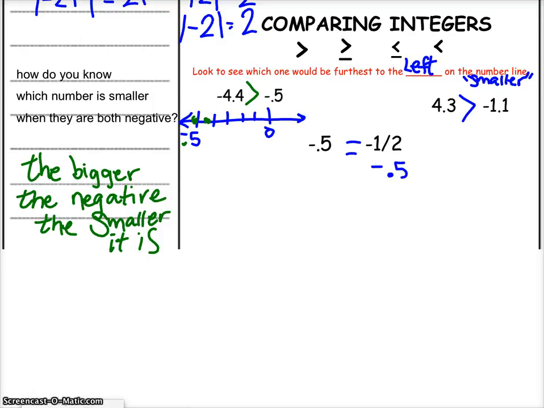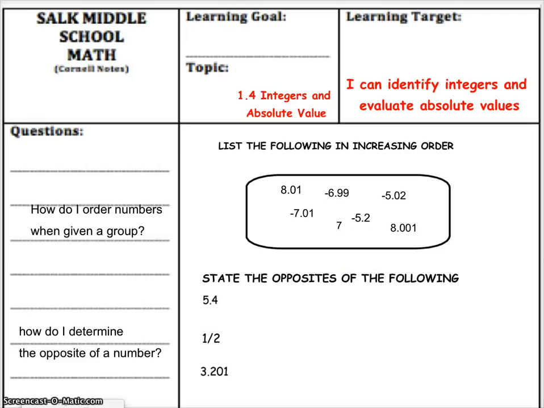Now remember, the bigger the negative, the smaller it is. So if I had negative 23 and negative 59, 59 is more negative, so it's a smaller number. Make sure that you remember that for the whole entire lifetime.